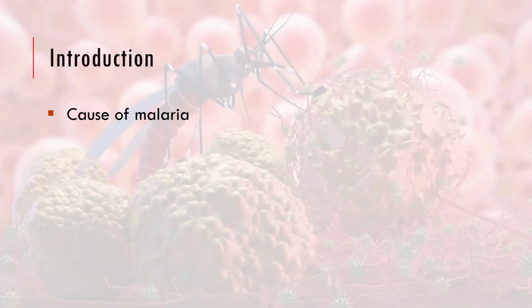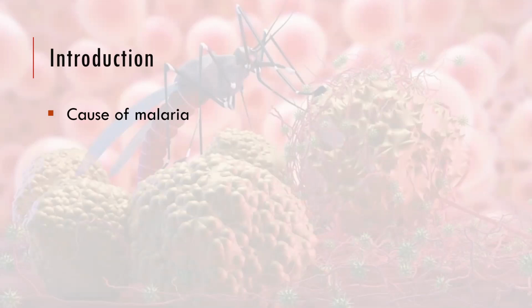Plasmodium species include Plasmodium ovale, Plasmodium falciparum, Plasmodium vivax, Plasmodium malariae, and Plasmodium knowlesi. Those are the five most commonly known to cause malaria. And it is not the mosquito. The mosquito is the vector, particularly Anopheles.